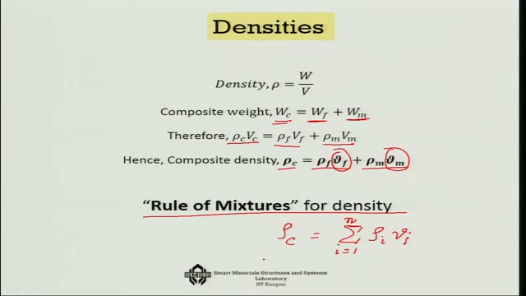Let's say the moisture absorption capability, we will call it beta c. That also follows the same rule, the sum i equals 1 to n of beta i Vi. And similarly the thermal conductivity alpha c, exactly the same rule, the sum i equals 1 to n of alpha i Vi.